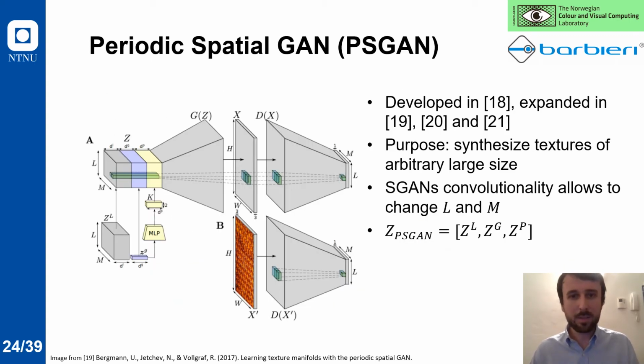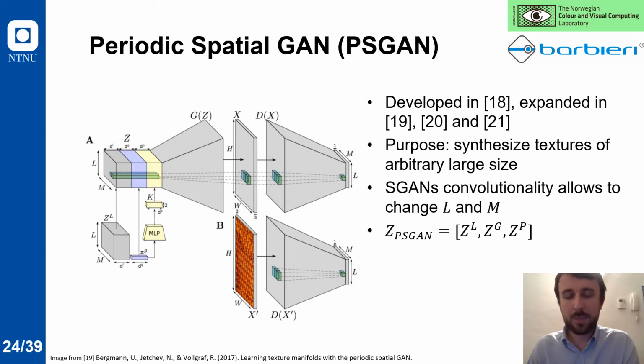Another improvement of the methods based on GANs was developed by Yetchev and Bergmann in various papers, and it's called the periodic spatial GAN, or PS-GAN network. The original purpose of this network was to synthesize texture of an arbitrarily large size.